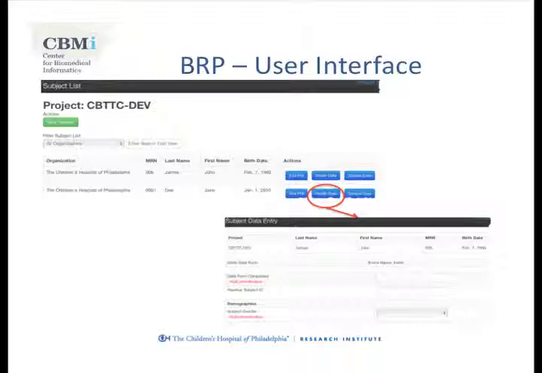The research coordinator or clinician who's collecting the data logs in, assuming they have credentials on a particular protocol. They access that biobanking protocol, and they are presented with a list of patients who are already on this protocol. From there, they can select one of different action buttons.